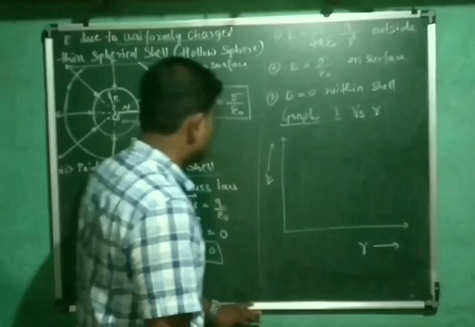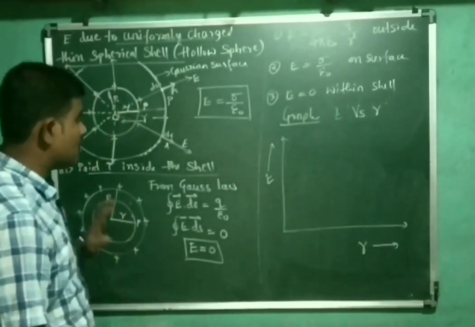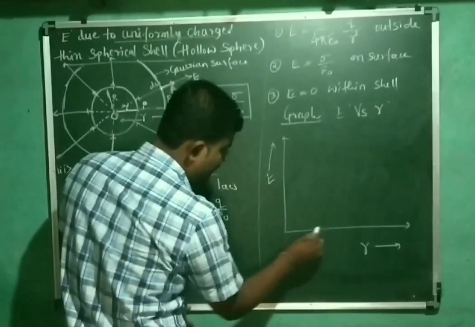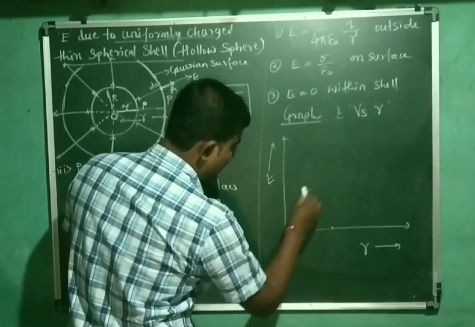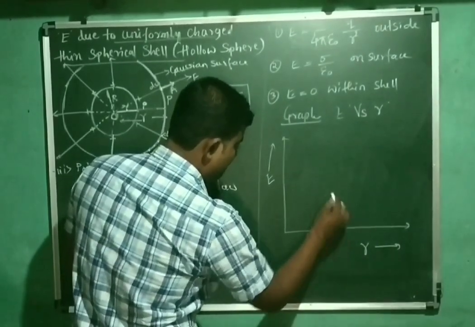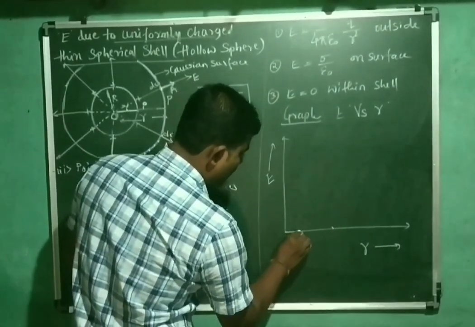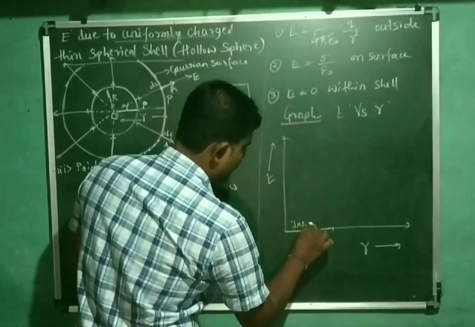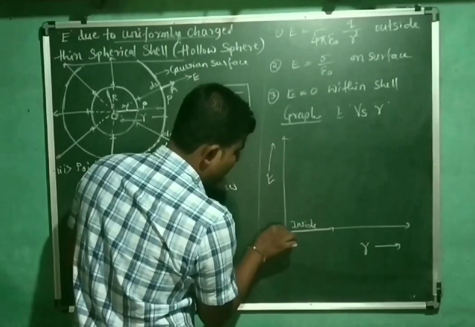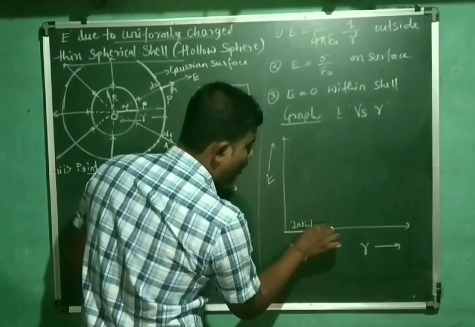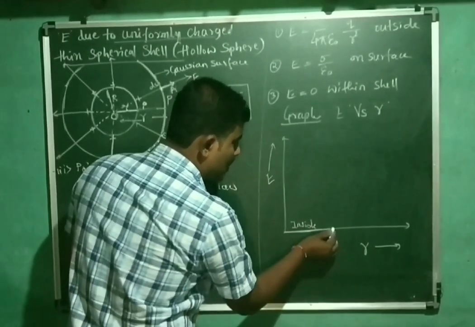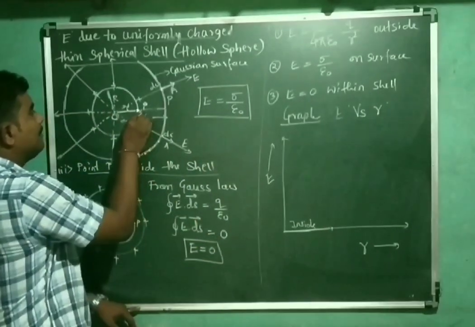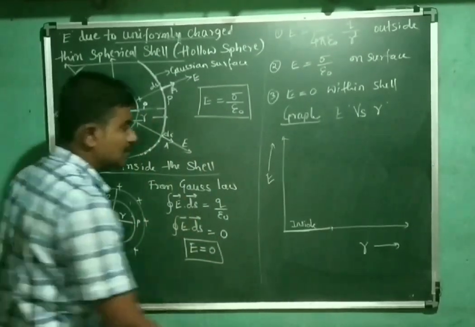As you can observe here, inside the shell there is no electric field. Therefore, if I consider this distance as a radius, it is inside. Inside, electric field is how much? 0. Till what point the electric field intensity is 0? Till distance R, electric field intensity is 0.